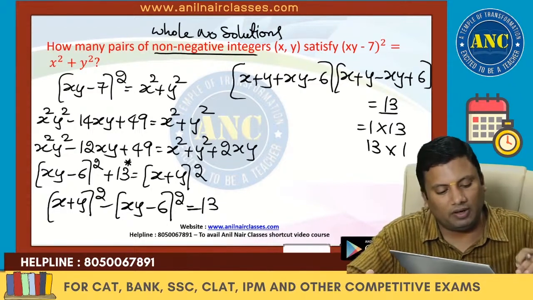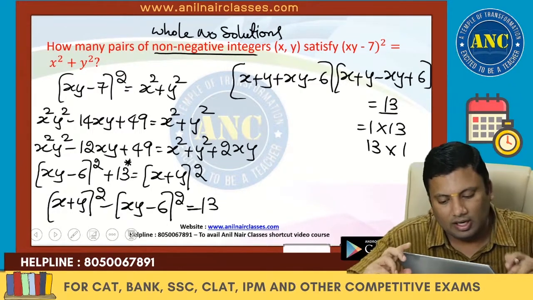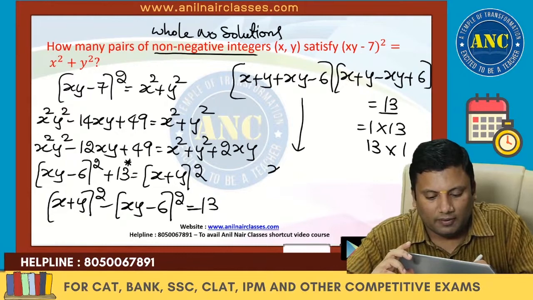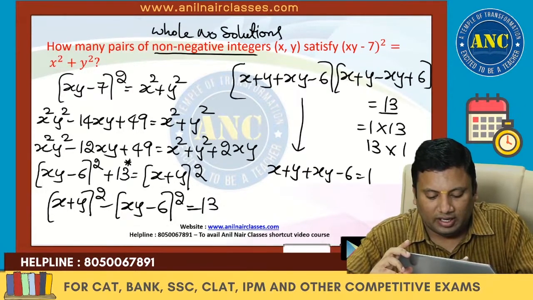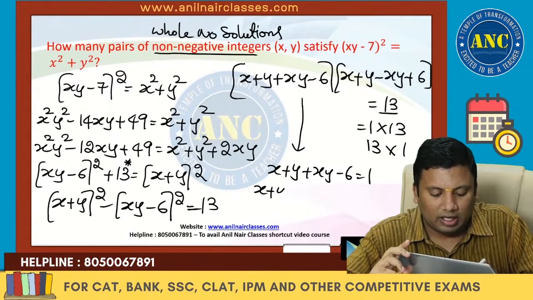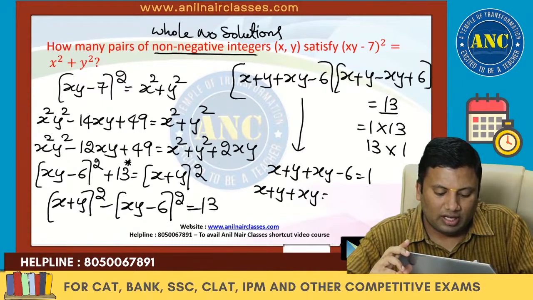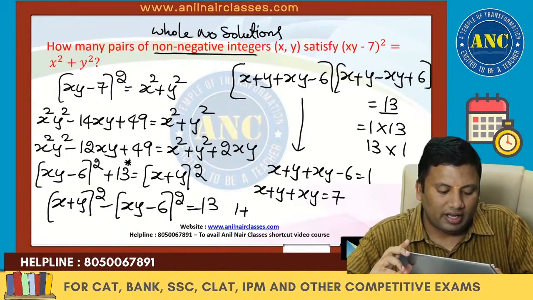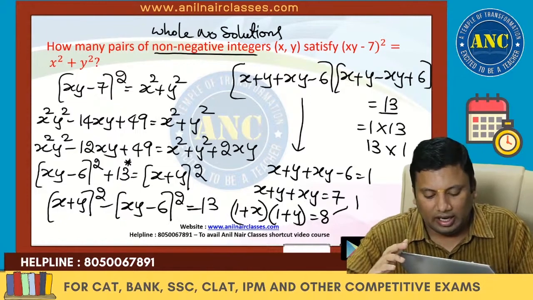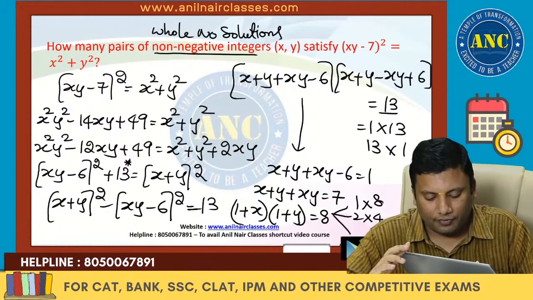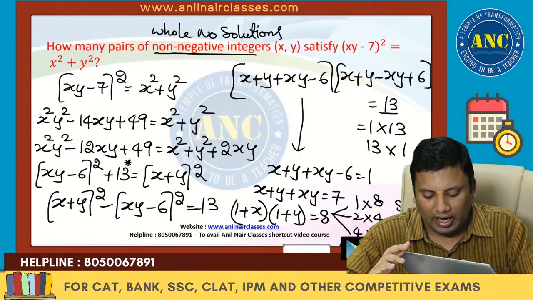The first term can be 1 or the second term can be 1. Suppose the first term is 1: x plus y plus xy minus 6 equals 1, which is x plus y plus xy equal to 7. If I add 1 on both sides, (1 plus x) into (1 plus y) is 8. 8 is 1 into 8, 2 into 4, 4 into 2 and 8 into 1.